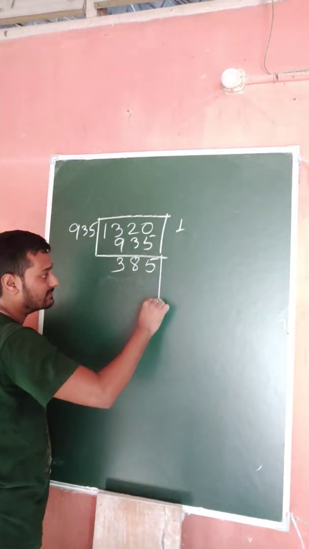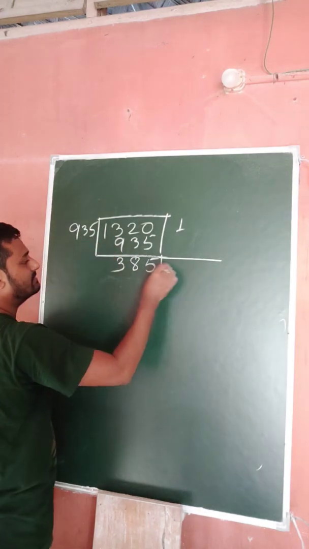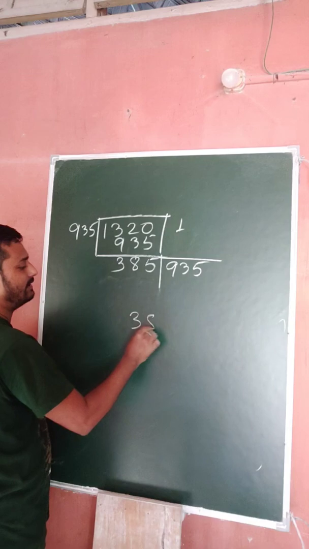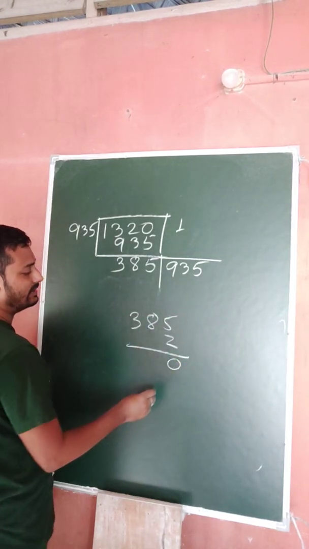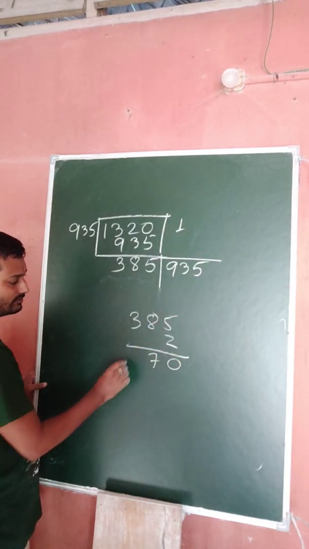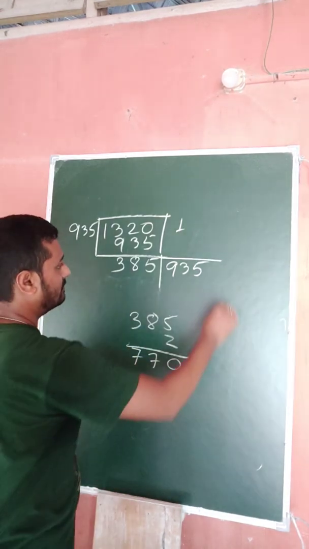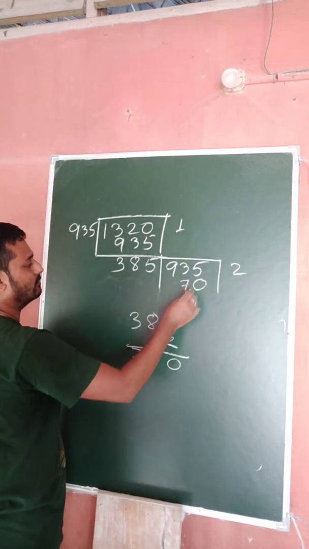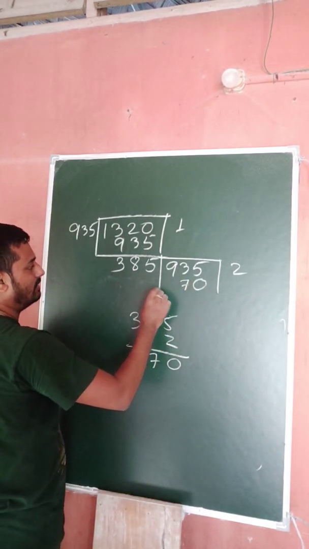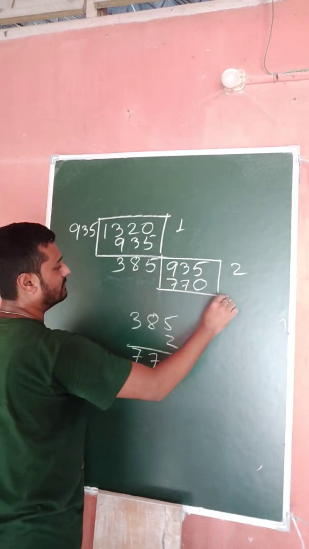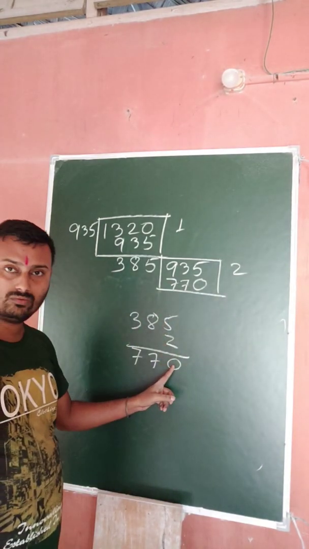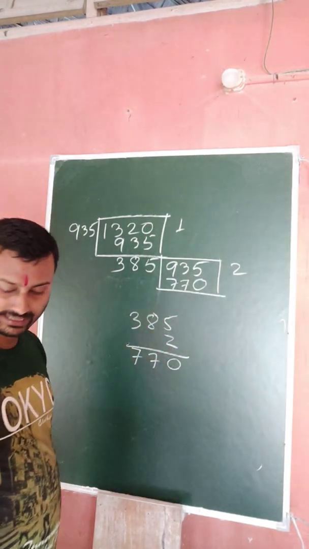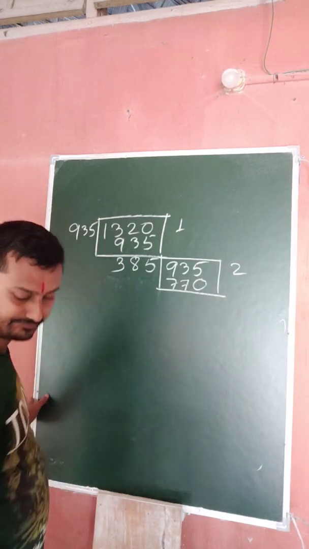Now 385 becomes the divisor and the previous divisor 935 becomes the dividend. Now 385 into 2: 2 fives are 10, 0 stays here, 1 carries on; 2 eights are 16, 16 plus 1 is 17, 7 stays here, 1 carries on; 2 threes are 6, 6 plus 1 is 7.